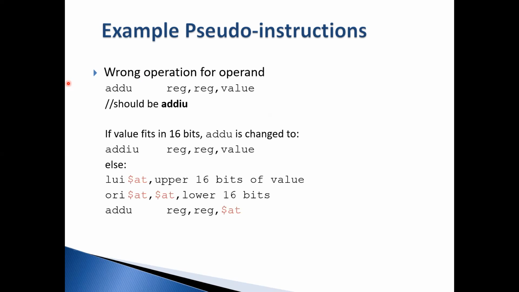But if the value is greater than 16 bits, it will use the LUI again. It will get the upper 16 bits and save it into the register 1, the AT register. Use the lower 16 bits and save it into the lower part of the AT register. Okay, so that's your value, right? After these two lines, you have your value stored in a register. And now you can use the ADDU, which is correct.